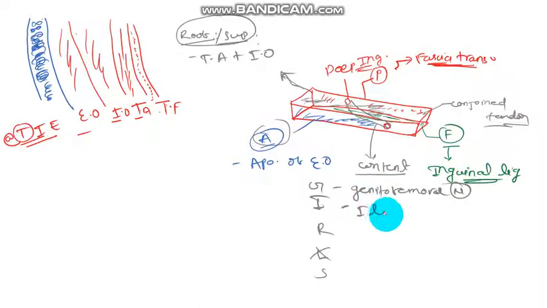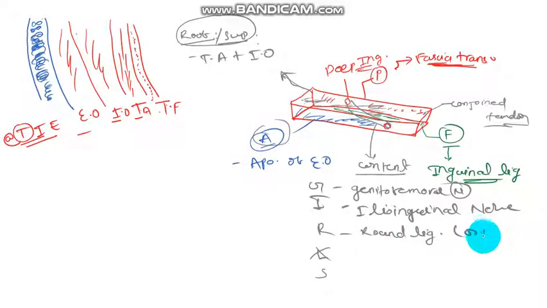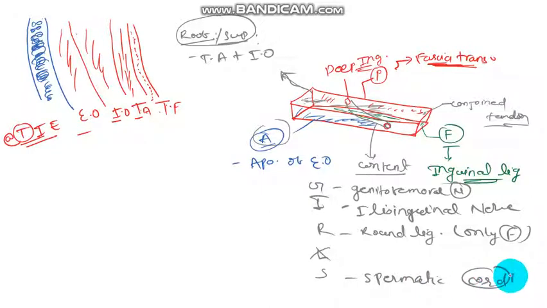This is the ilioinguinal nerve, and then we have the round ligament only in females, and then we have the spermatic cord in males. So these are the contents which can be remembered with this mnemonic.